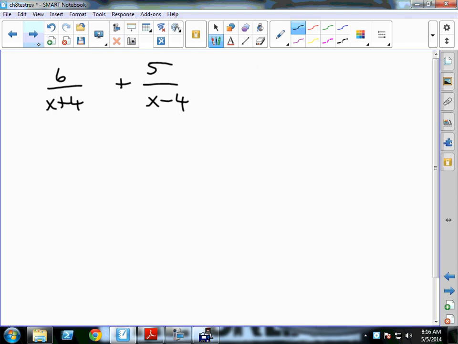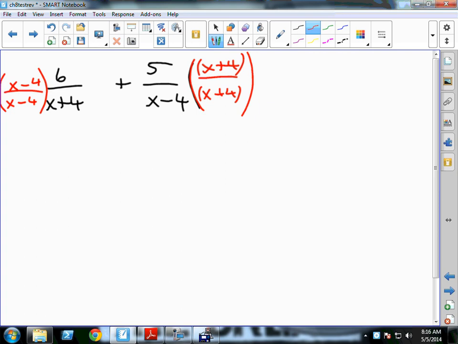Well, this one here is a lot like the last one. We want to get the denominators identical, so we're going to multiply by x plus 4 over x plus 4, and we're going to multiply here by x minus 4 over x minus 4. So our denominator is going to be x minus 4 and x plus 4.